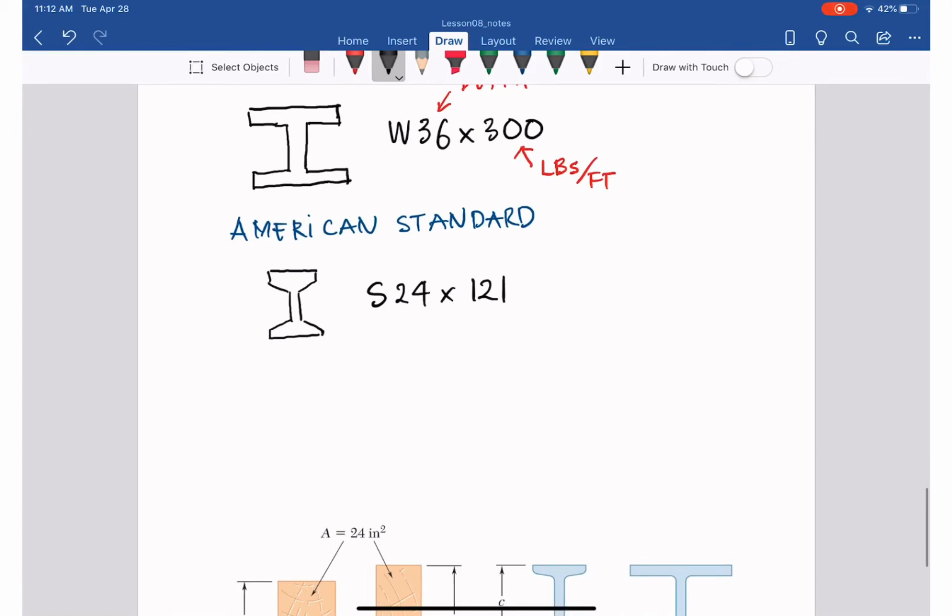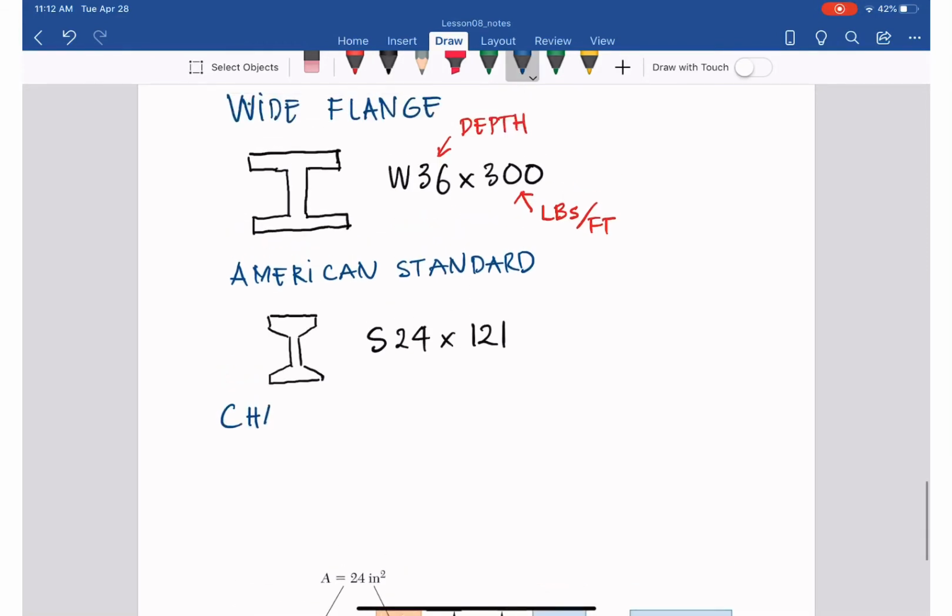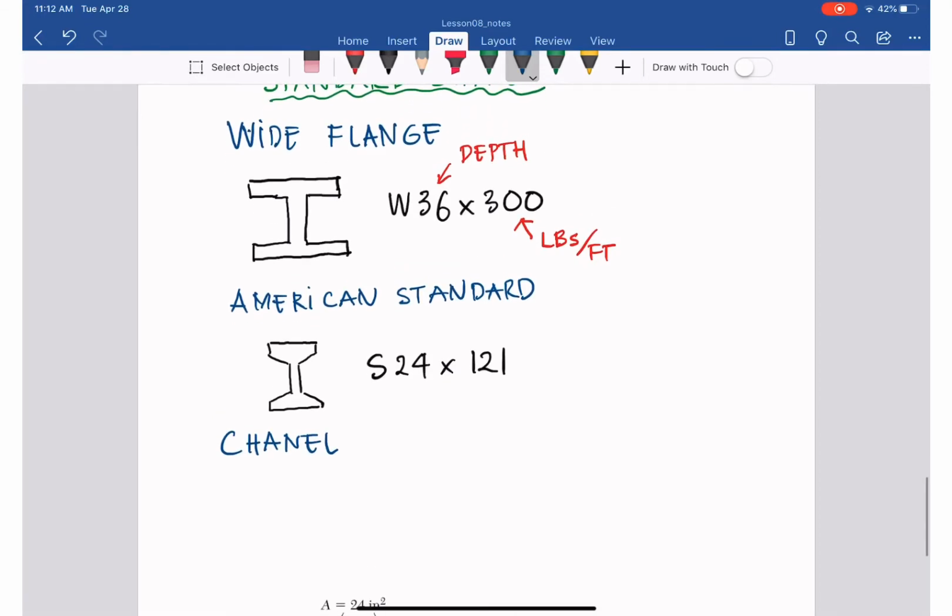And then we also have another shape, which is channel. And in the channel, we have something like here. And yes, you have it in your appendix C. And then we also have angles.